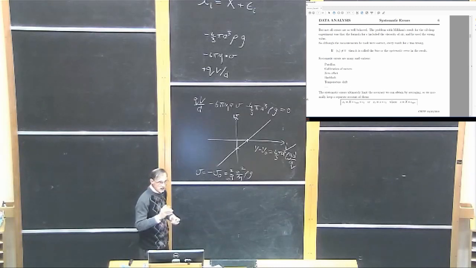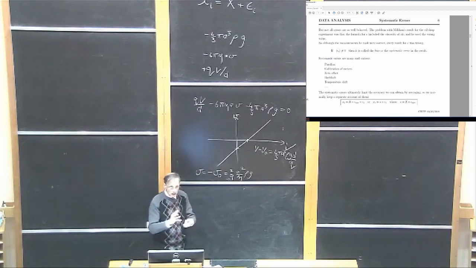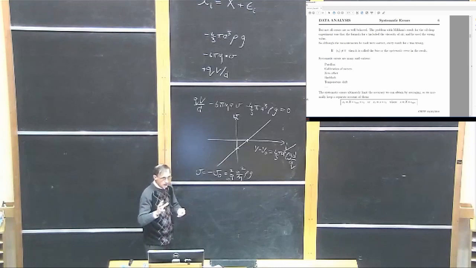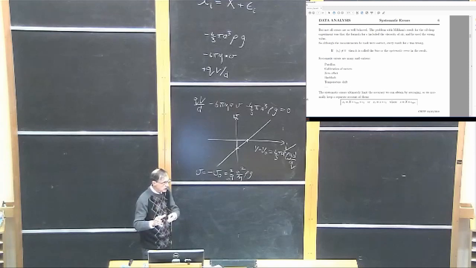Now that is an important difference between a statistical or random error and a systematic error. After the event, 20 years later, they could recalculate what Millikan should have calculated just by using a different value for the viscosity of air. The statistical errors are all unchanged, it just changes the value of the result.